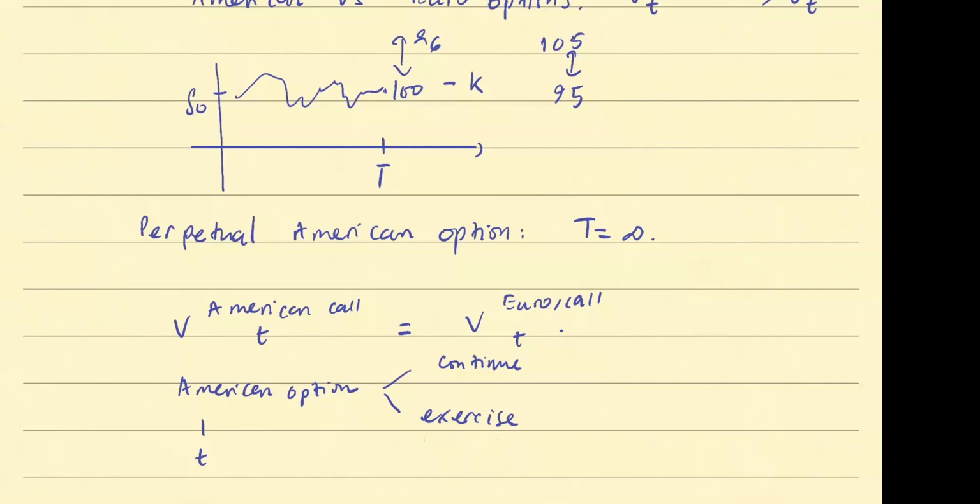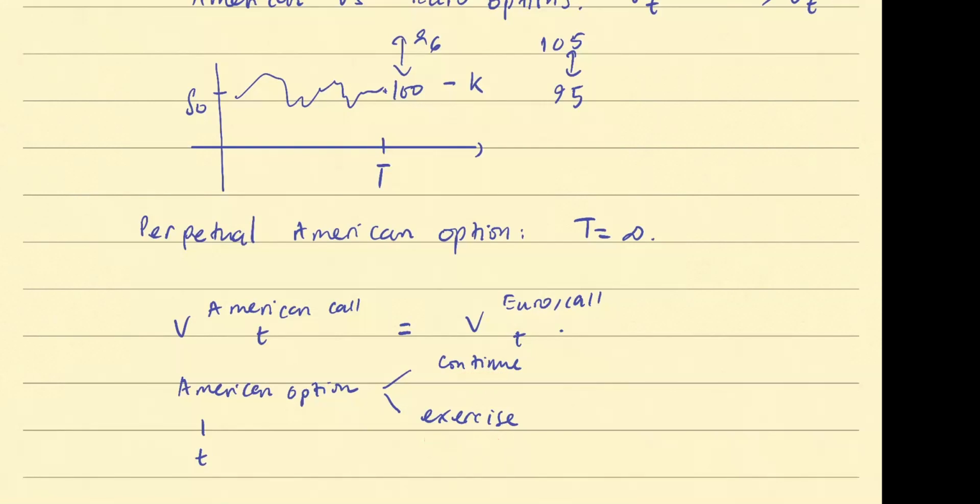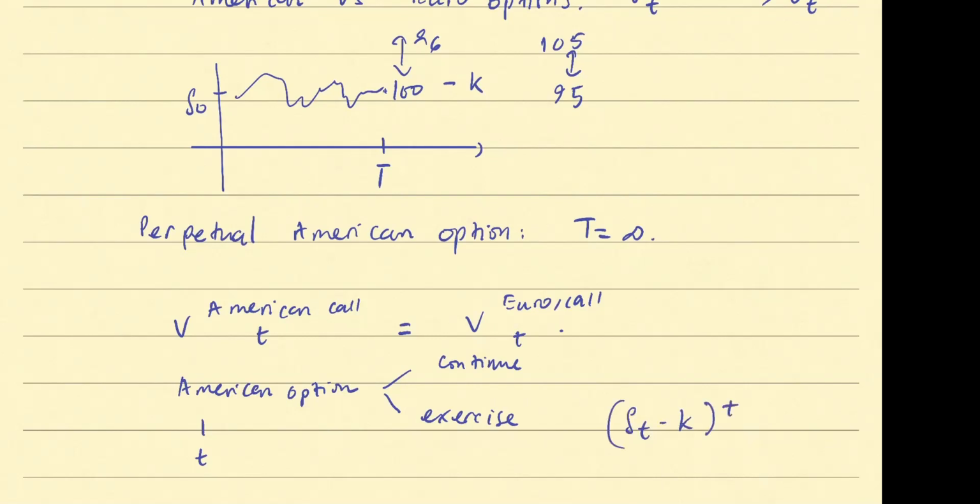It depends on what K or L is, or SO. It depends on what K is, right? I think that's what you're saying. Oh, okay. Yeah. So what it means is this: if you exercise at time t, how much are you collecting? You're collecting ST minus K plus. Right. Okay.